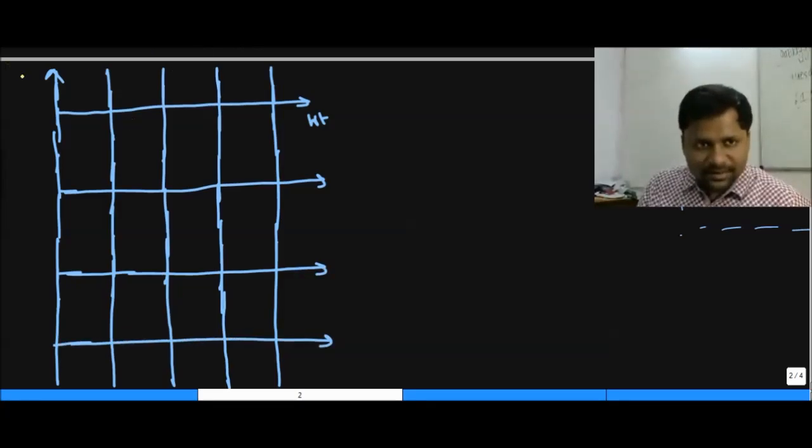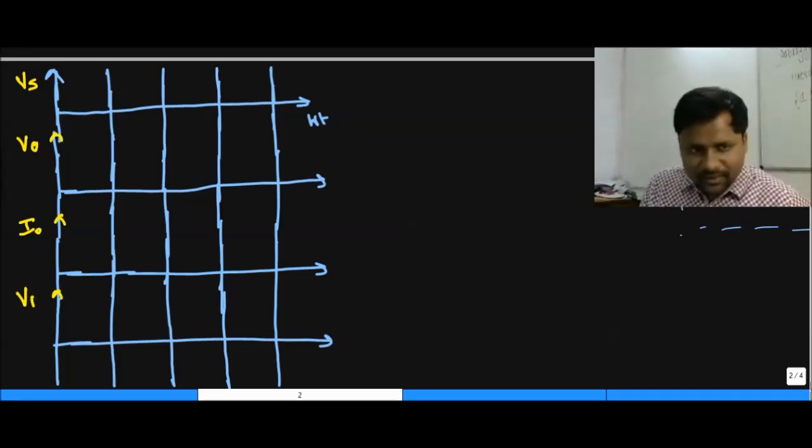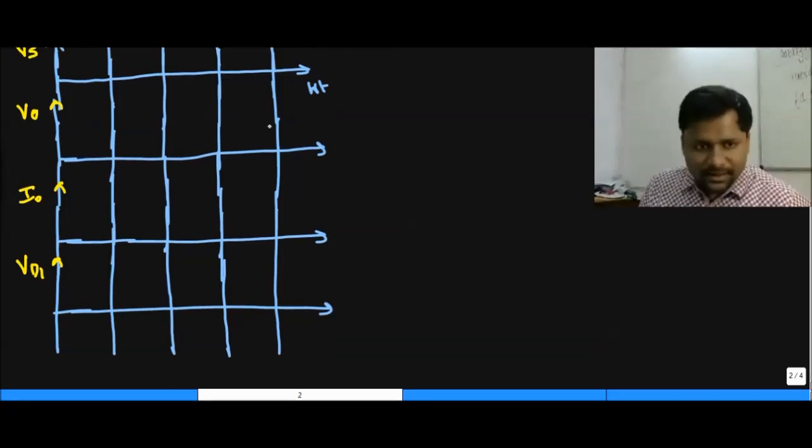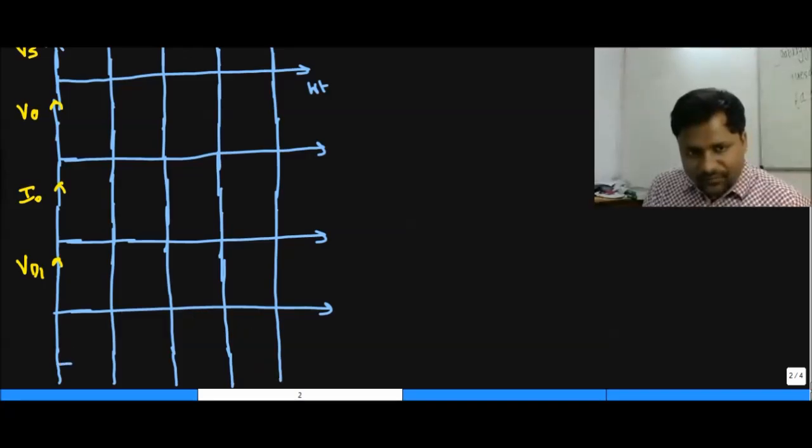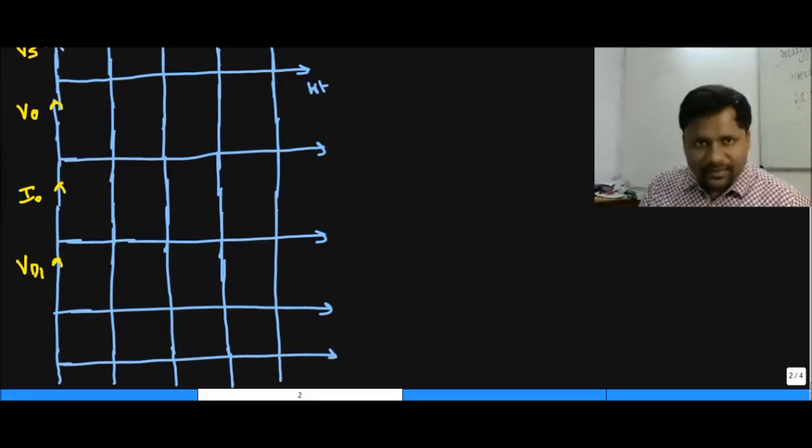This is the supply voltage, this is the output voltage, here I am taking the output current, here the voltage across diode D1, and the one thing remaining to complete is this other waveform, where we take the voltage across diode D2.